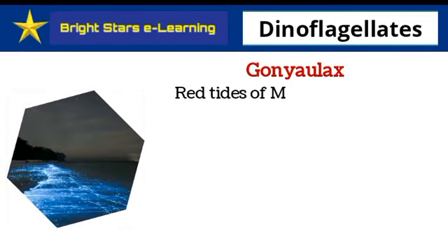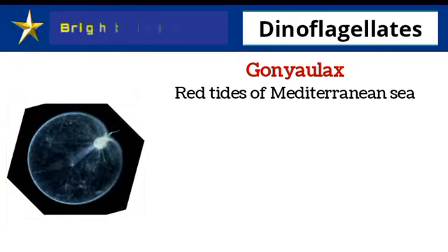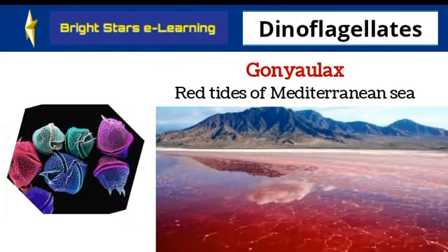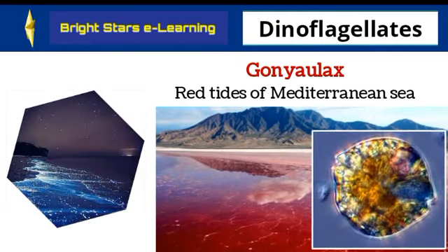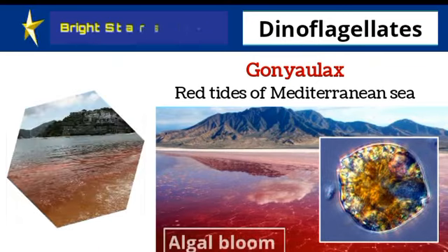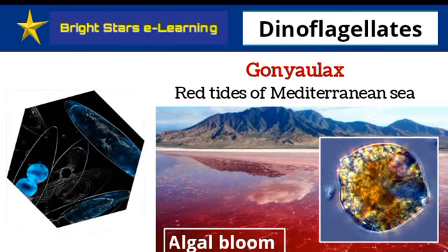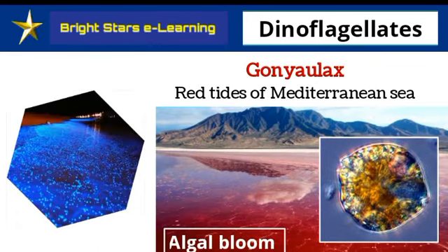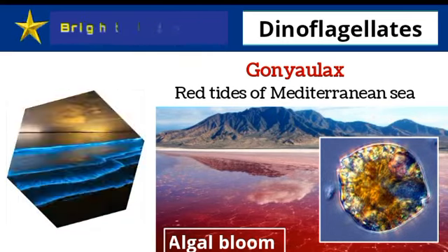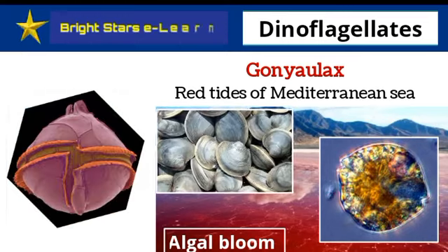Gonyaulax is a poisonous dinoflagellate which causes red tides of the Mediterranean Sea. This is the organism. We call it an algal bloom, though it is not an alga. The rapid or sudden appearance of this red tide is why we call it an algal bloom.